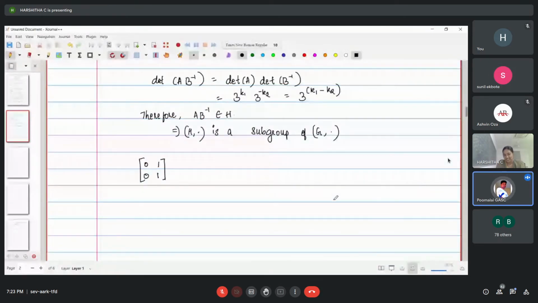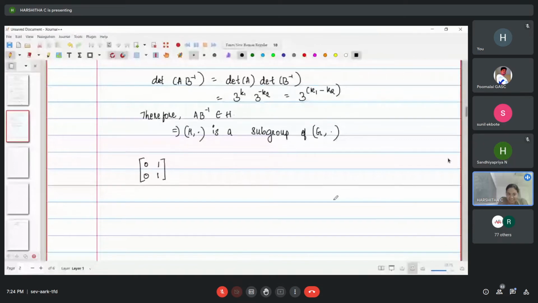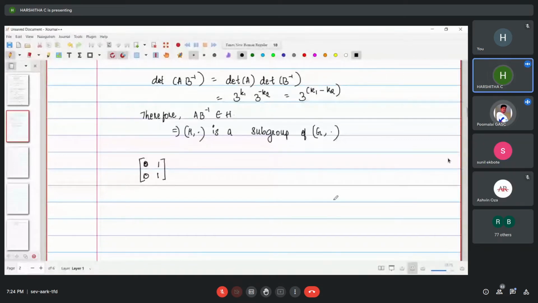Maybe 0, 3. Sorry. See, once you put a 0 here and a 0 here, then the determinant is 0. So just slightly modify it. Okay. 1, 0, 0, 3.